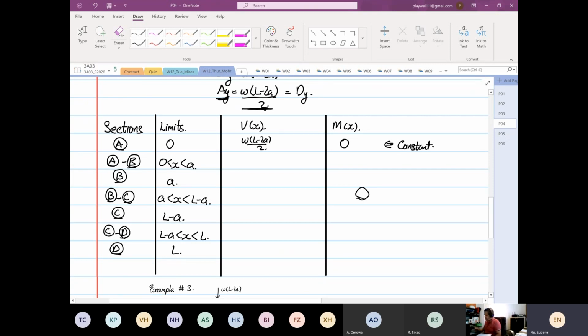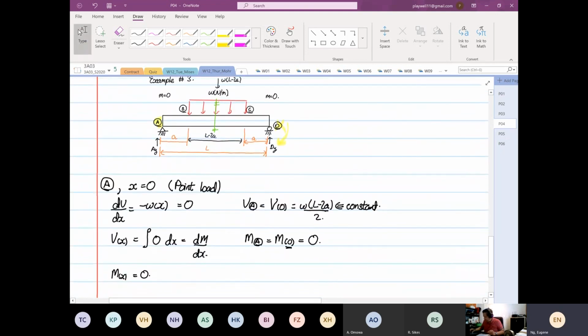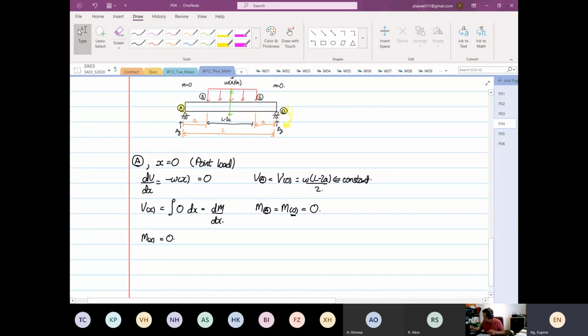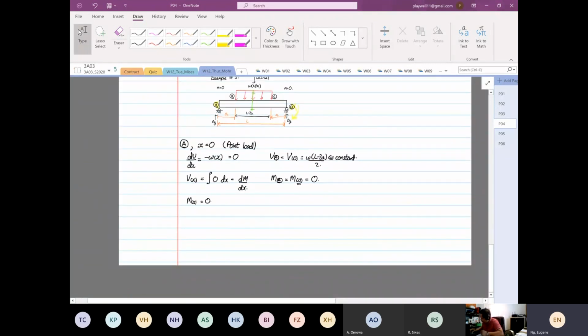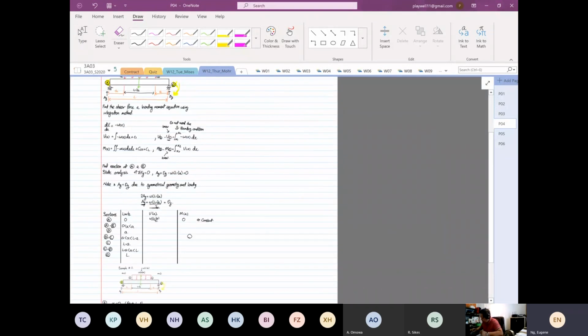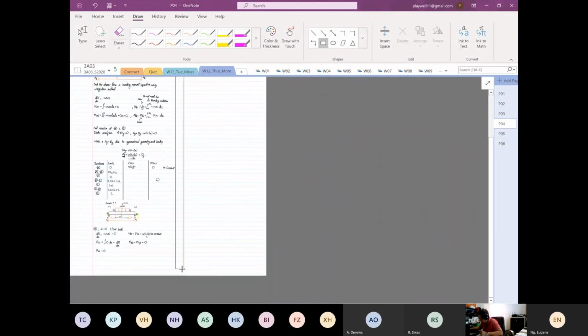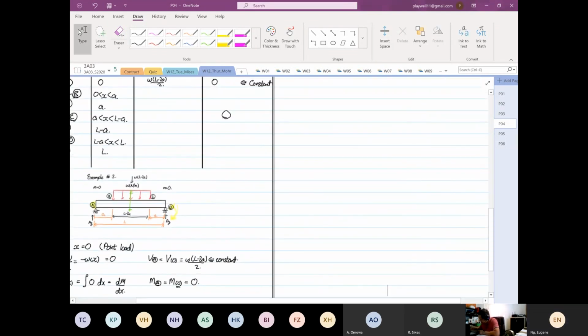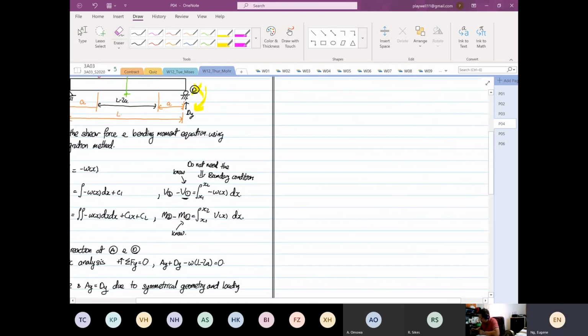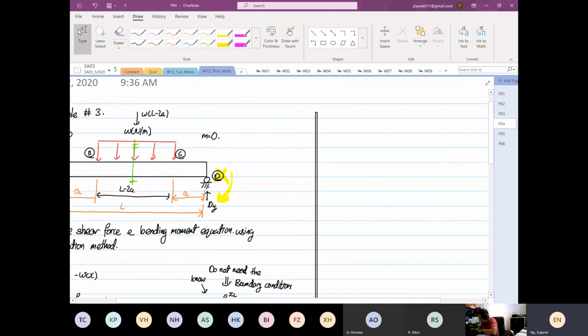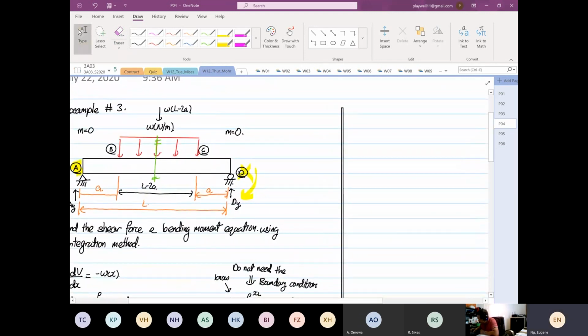Right. Now, let's look at between point A to point B. So we are going to focus on point A. I will divide the page into two. The diagram is on the side, which is good.